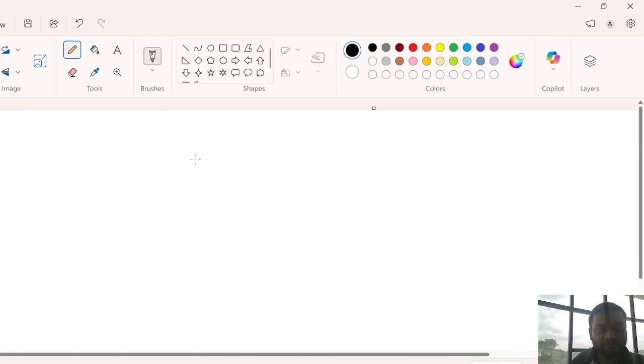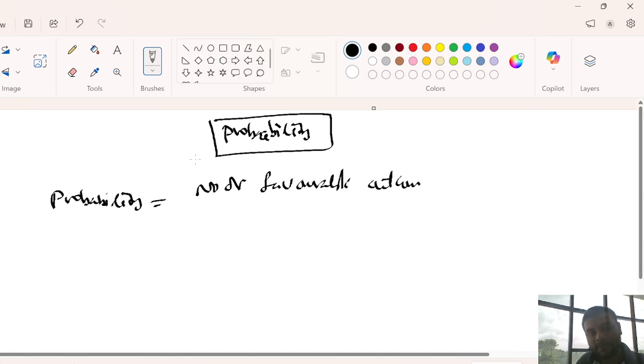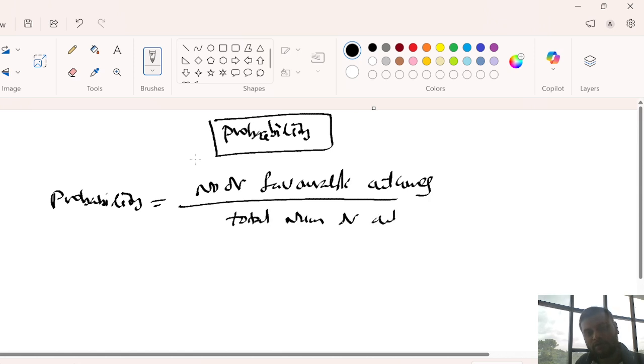We know probability is defined as the ratio of number of favorable outcomes by total number of outcomes. Total number of outcomes is also called the sample space.